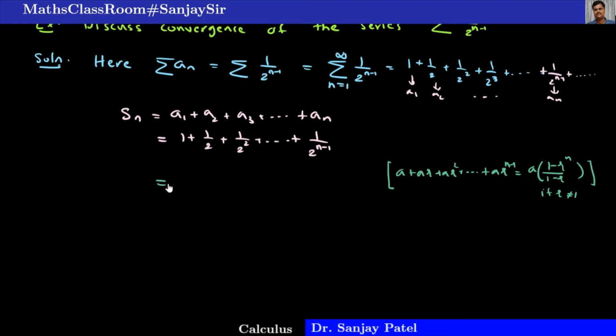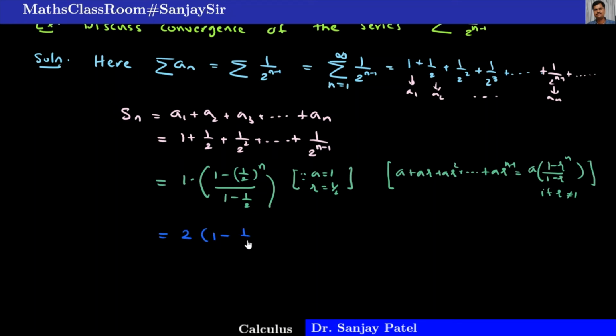So I can write the sum of this n terms, using this formula, as 1 into 1 minus 1 by 2 raised to n upon 1 minus 1 by 2, because it is a geometric series with a equal to 1 and r equal to 1 by 2. Simplifying this, 1 minus 1 by 2 is 1 by 2, so this is equal to 2 times 1 minus 1 by 2 raised to n. So this is our Sn.